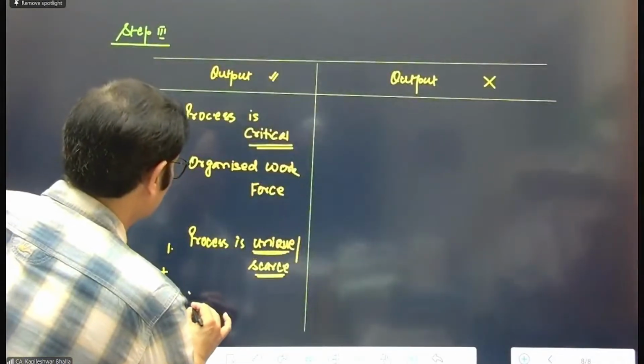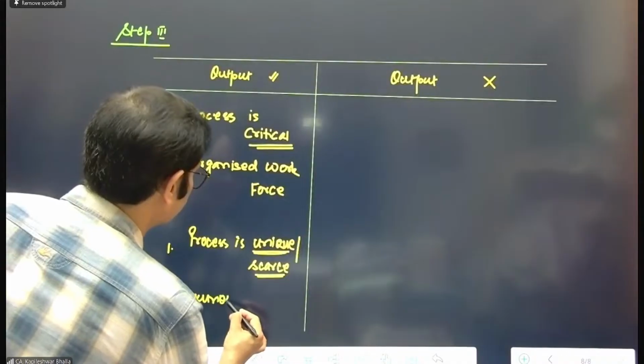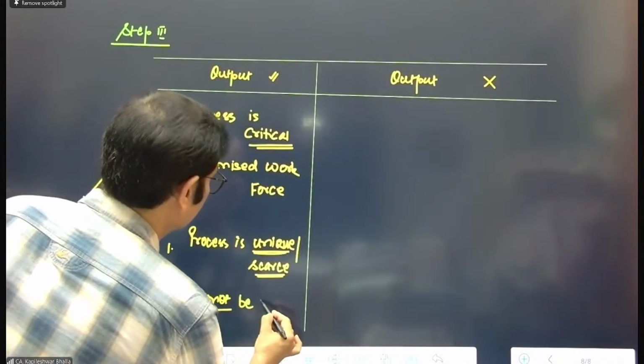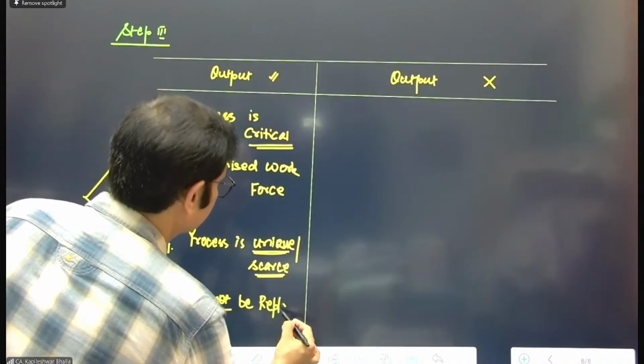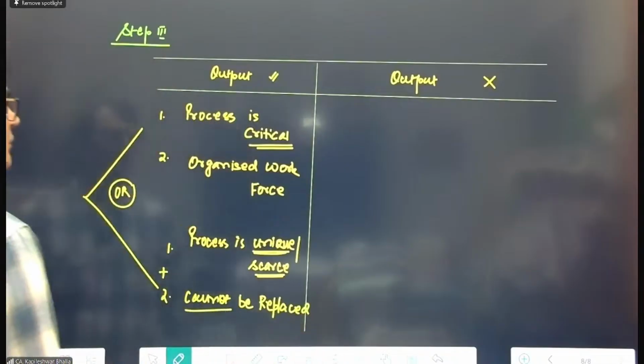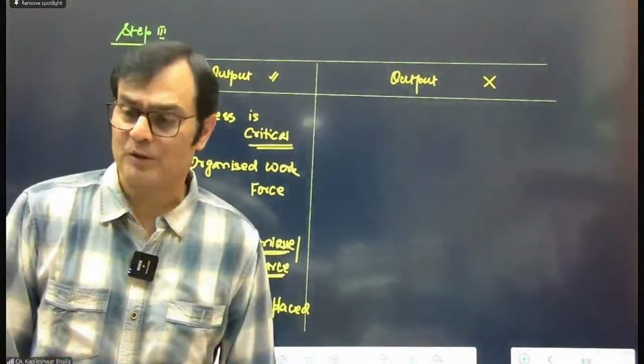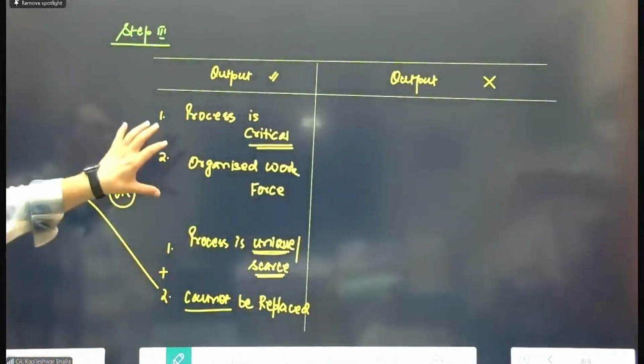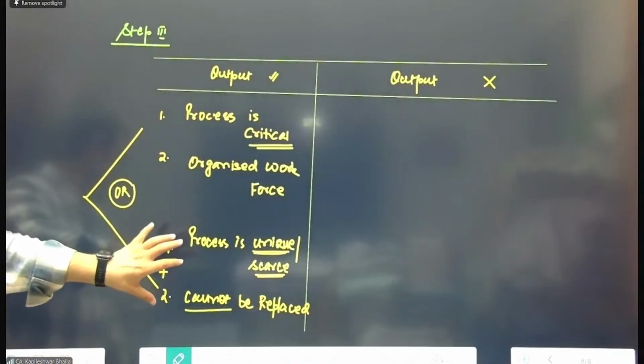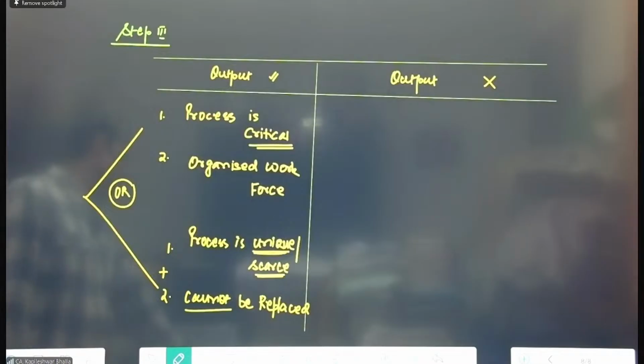We can just add that it cannot be replaced without a substantial incurrence of cost. We would not be able to replace this particular process. So meet either of these two conditions, and that would explain the inputs.